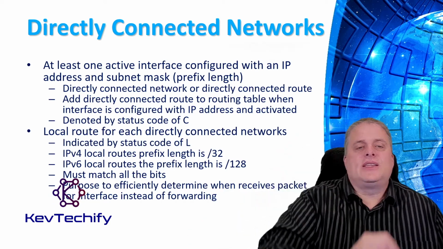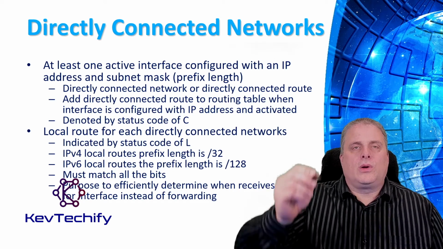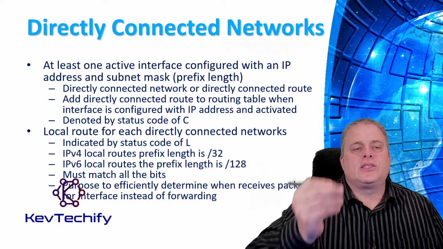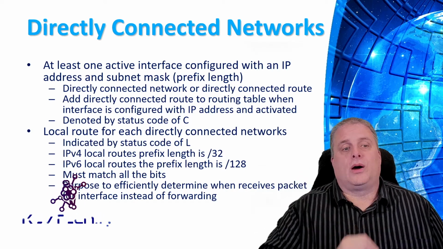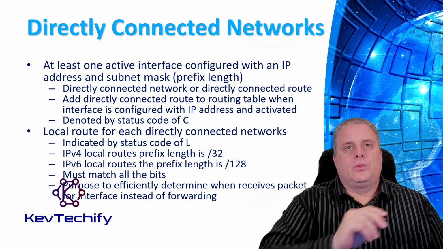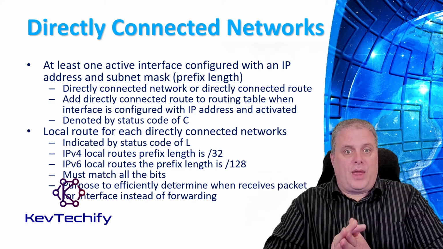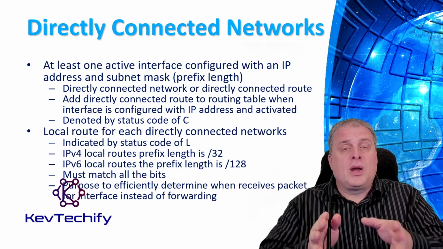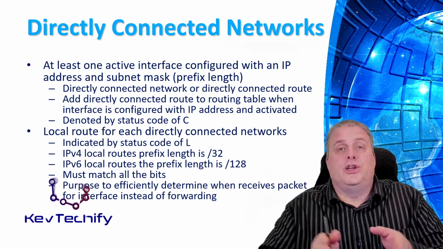Then another thing that gets added in here is the local route. Each directly connected network has a local route, and that gets a little L at the beginning. Local routes for IP version 4 have a /32, so that prefix is 32. Remember, an IP version 4 address is 32 bits long.